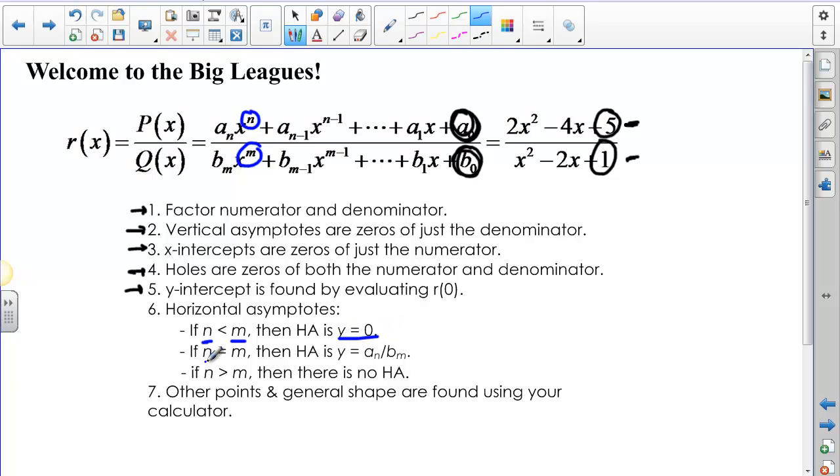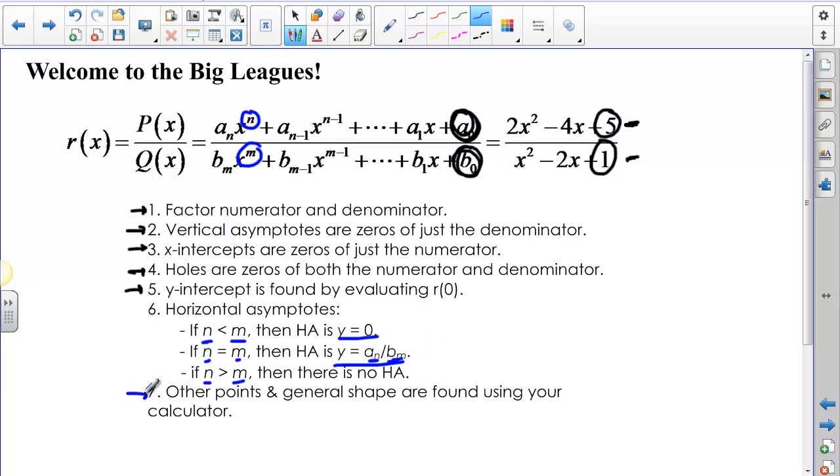If the degrees are the same, then you're going to take the leading coefficient at the top divided by the leading coefficient at the bottom, and that will be your horizontal asymptote. And if it's bigger on top, then there is no horizontal asymptote, and we have what could be called a slant asymptote if it's one more, and we'll define that using synthetic division.